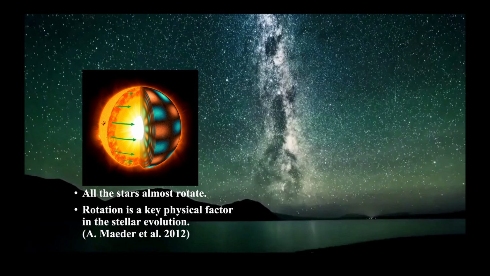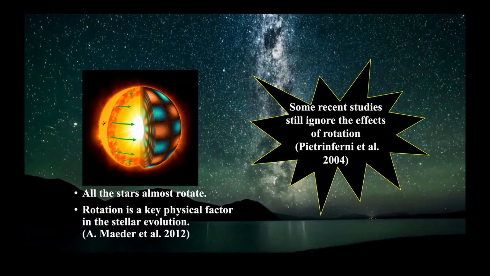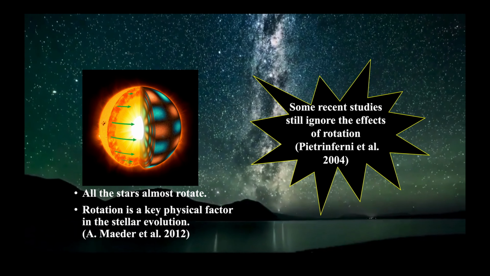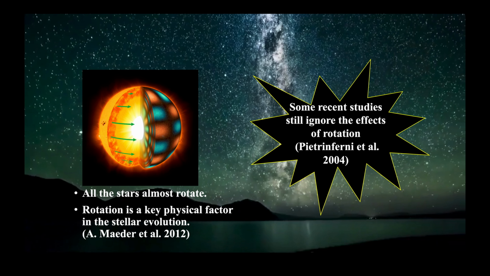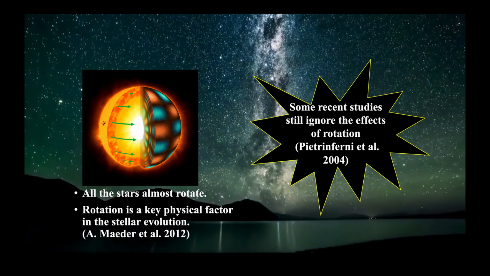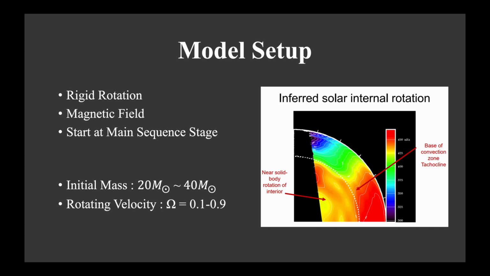Nevertheless, most simulation models are not set up with the effects of rotation due to technical challenges and the intention of simplifying parameters. Hence, I constructed one-dimensional models for massive stars of 20 to 40 solar mass, considering different rotational rates from omega equal to 0.1 to 0.9.